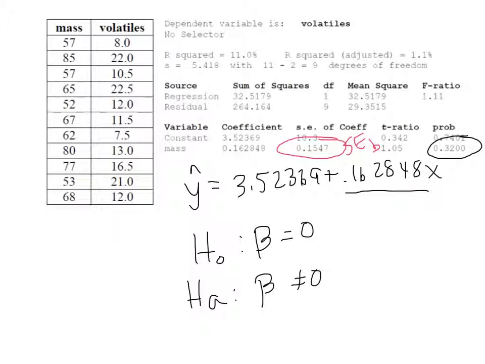So if you wanted to go ahead and run a confidence interval on this, you know your b, you know your SE sub B, you can calculate your t star for whatever interval you want to use because you know that you are working with a certain number of items at a certain degree of freedom. So in fact they come right up here and tell you that 11 minus 2 degrees of freedom is 9 degrees of freedom. So you could generate an interval off of this information as well.